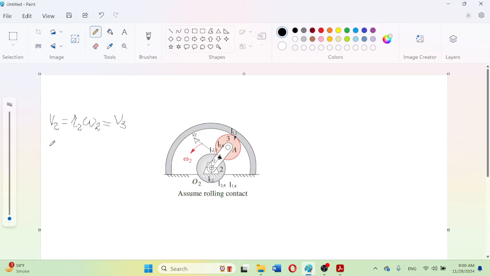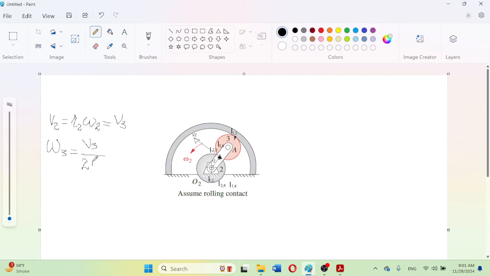I can write here that omega 3 will be equal to v3, which is magnitude-wise equal to v2, divided by the diameter.